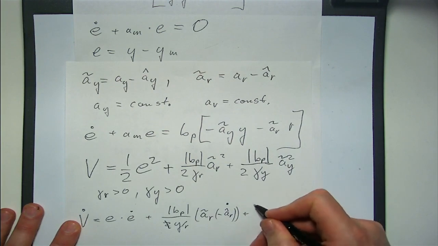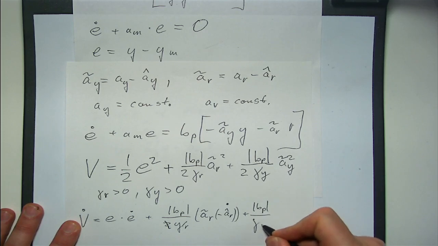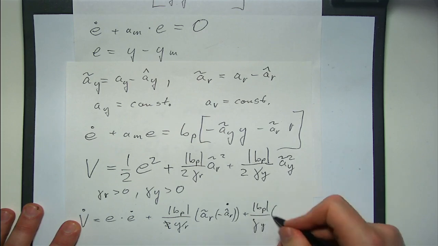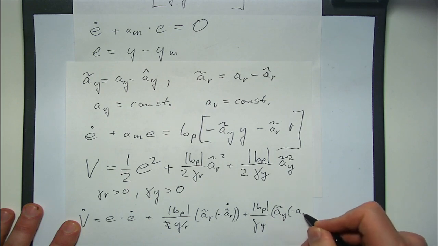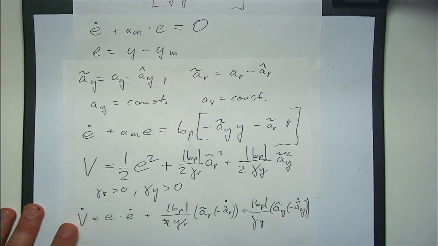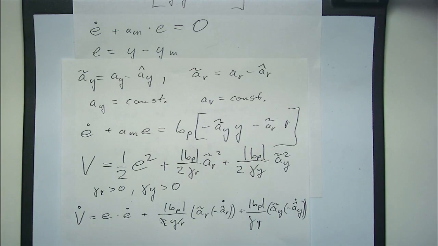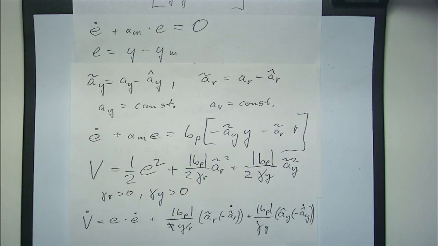So now we have here the same, gamma Y, and there we have AY tilde minus AY hat dot. Sorry, too many brackets. But you can just eradicate those brackets. I could have just simply put the minus there, but it's just trying to show you the extra fact that AR and AY are constant.